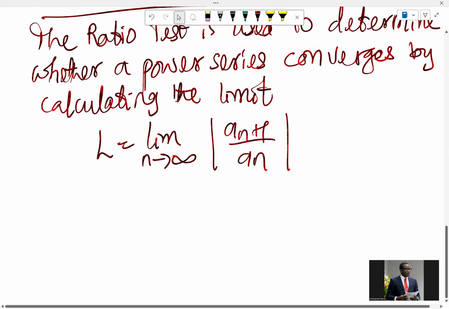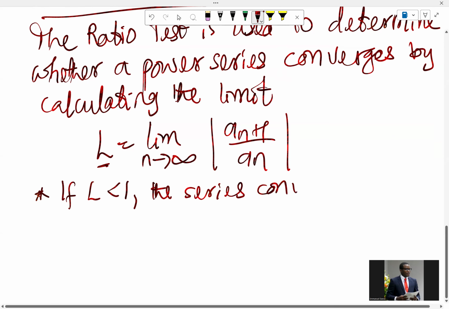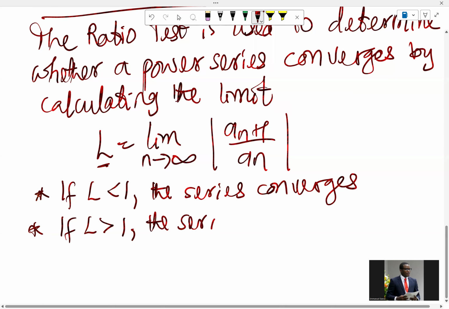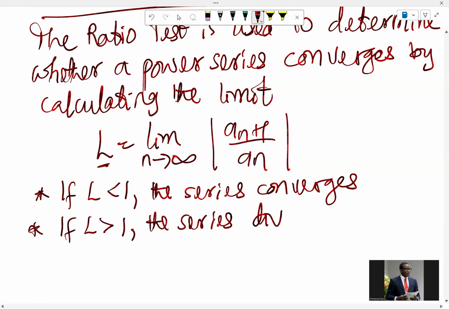Now, once you compute this L, you should check: if L is less than 1, then the series converges. If L is greater than 1, then the series diverges.